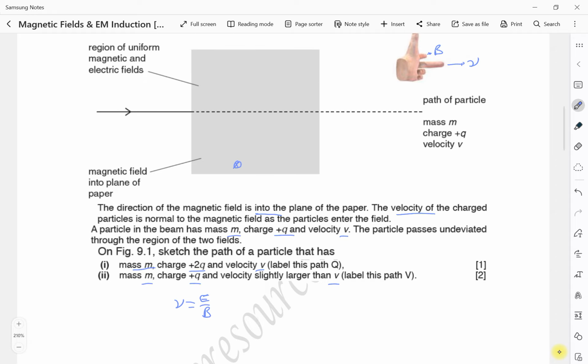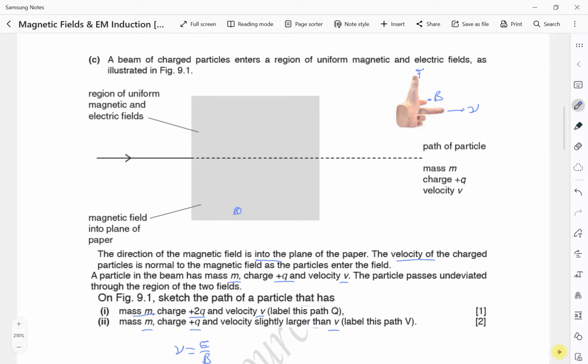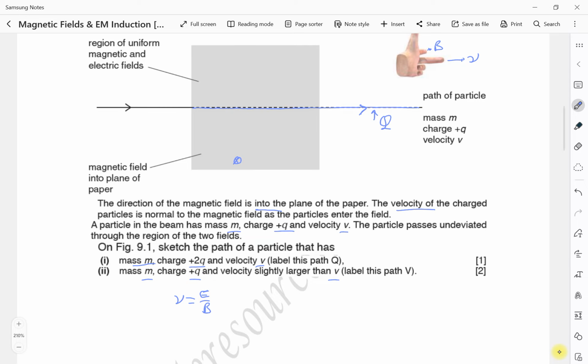The particle is going to be undeviated because the velocity remains the same. The velocity was not changed, and we know that v equals E over B. So the particle is going to just continue without being deviated. So this is going to be Q, because the velocity v equals E over B, and the velocity has not been changed, so v has remained the same, even though the charge is twice q.